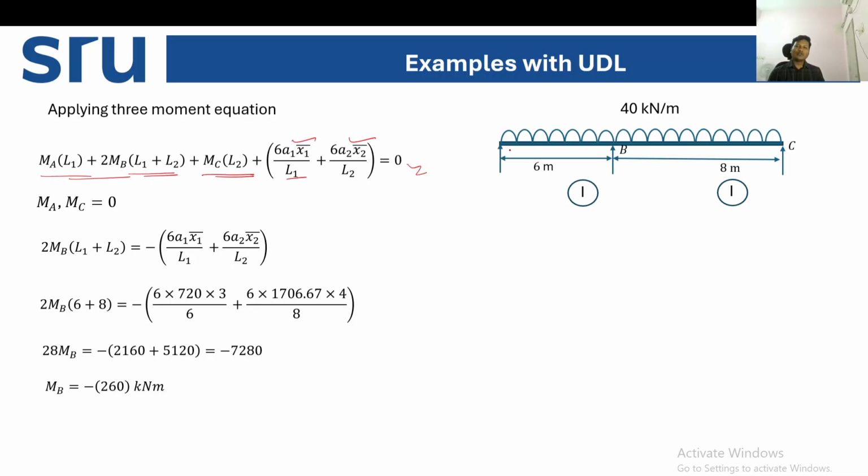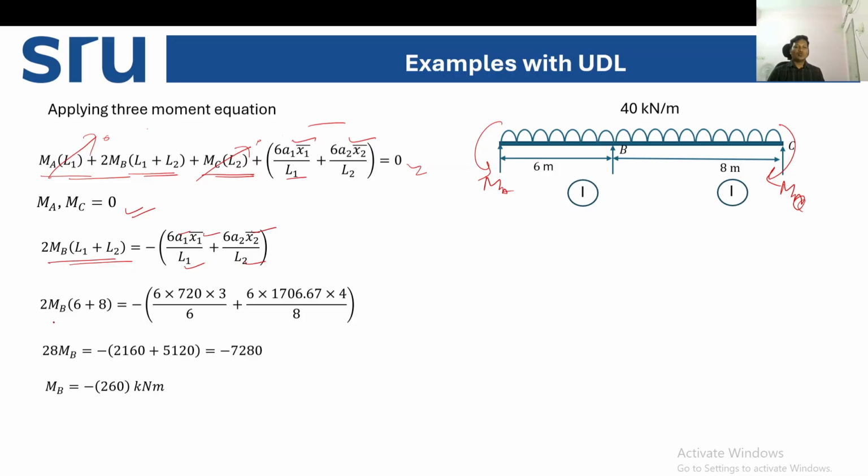As both end supports are simply supported, we can consider MA and MC equal to 0. So if you rewrite the equation, the MA part is 0, the MC part is 0.